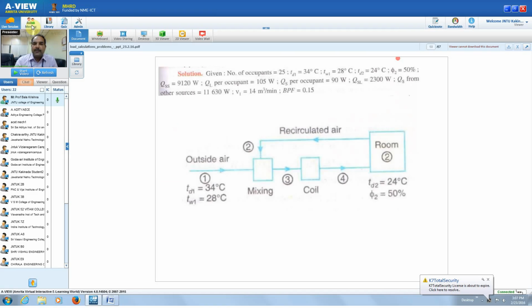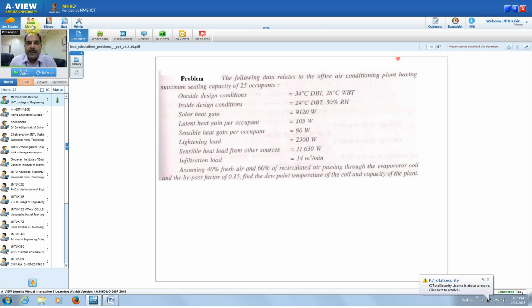Then the next problem, this is the second problem. The following data relates to an office air conditioning plant having a maximum seating capacity of 25 occupants. The outside design conditions are 34 degrees DBT and 28 degrees WBT. Inside design conditions are 24 degrees centigrade DBT and 50% relative humidity.